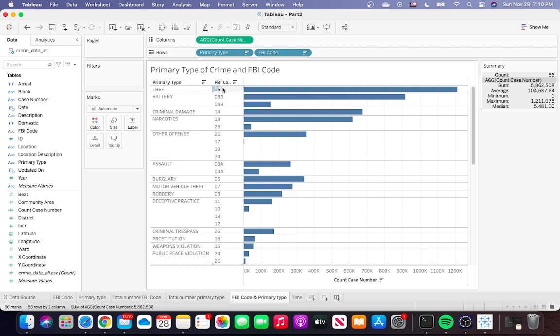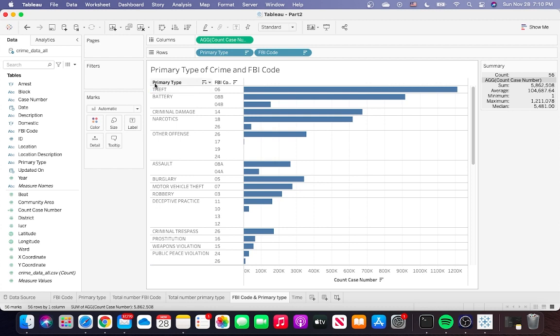For example, theft as the primary type is equal to 06 in the FBI code. And as you can see, theft has the greatest number of cases, about 1 million.